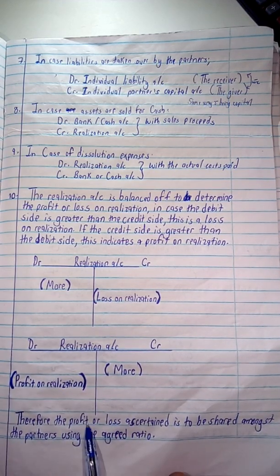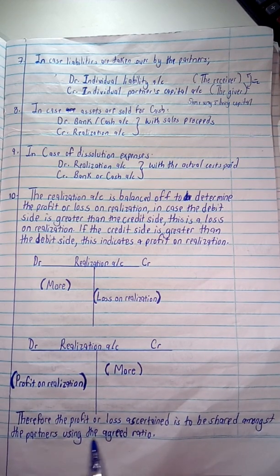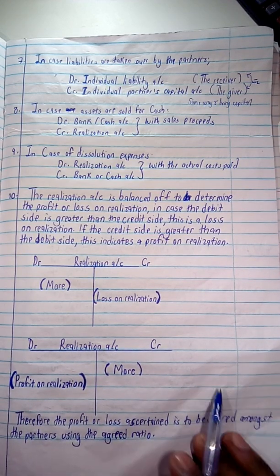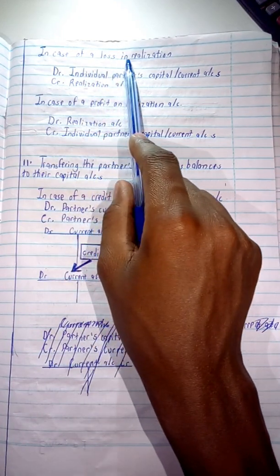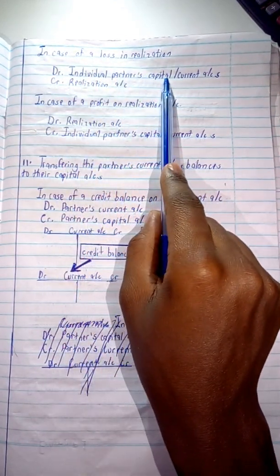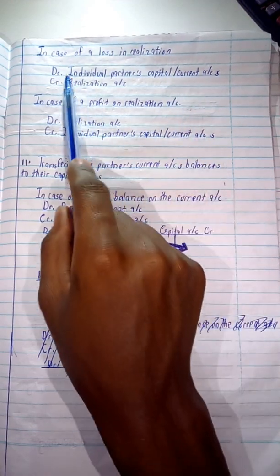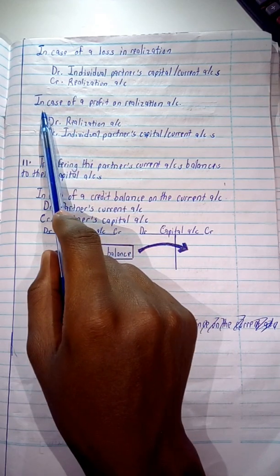So therefore, the profit or loss ascertained is to be shared amongst the partners using the agreed ratio. So here, in case of a loss on realization, I'm going to debit my individual partners' capital or current accounts, and then I credit my realization account.